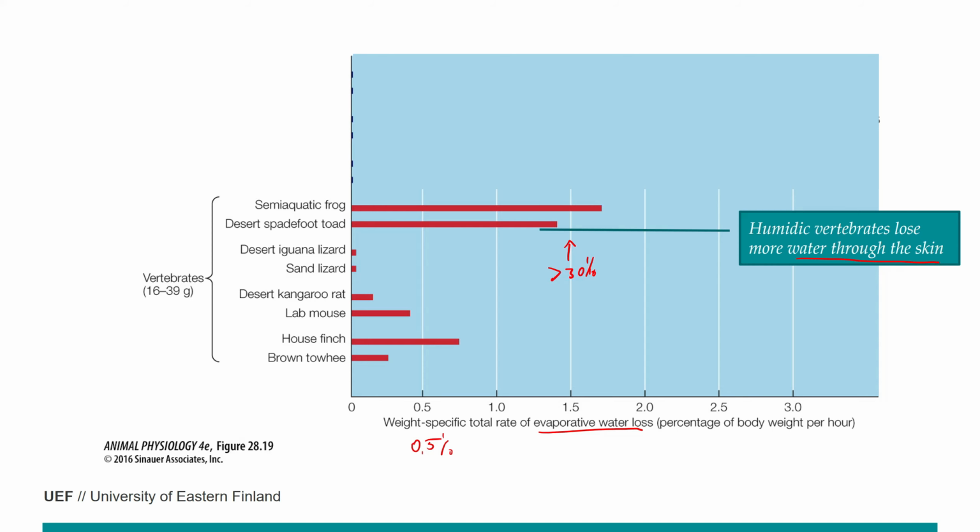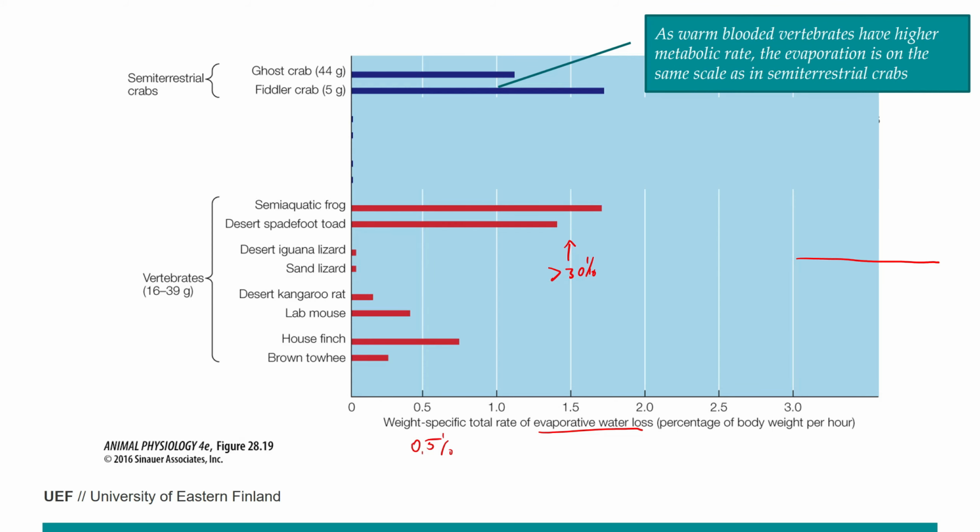Okay, and let's compare to a completely different group, like these semi-terrestrial crabs that are sometimes in the terrestrial environment, sometimes in the aquatic, and they typically have maybe 1%. So it's quite much on the same scale with the warm-blooded vertebrates.